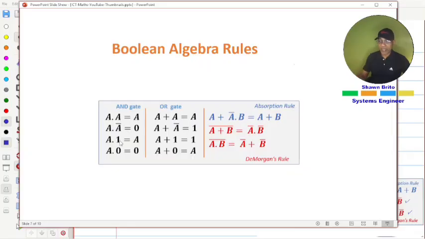In an AND gate, if you send A as 0, it's going to be false at the end, because 0 and 1 is 0. If A is 1, it will still remain 1.